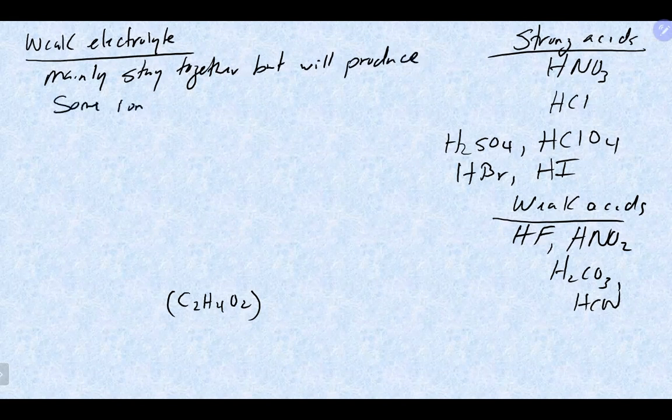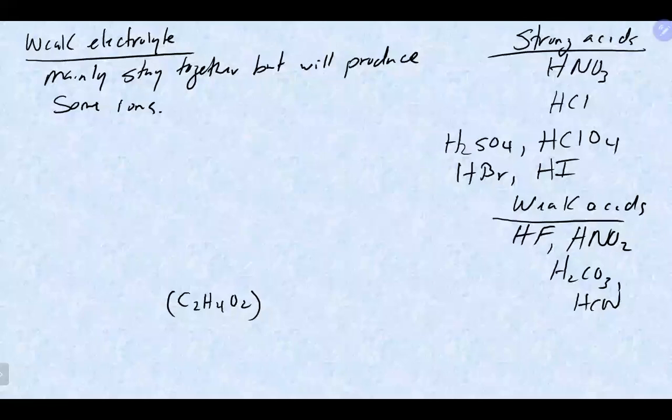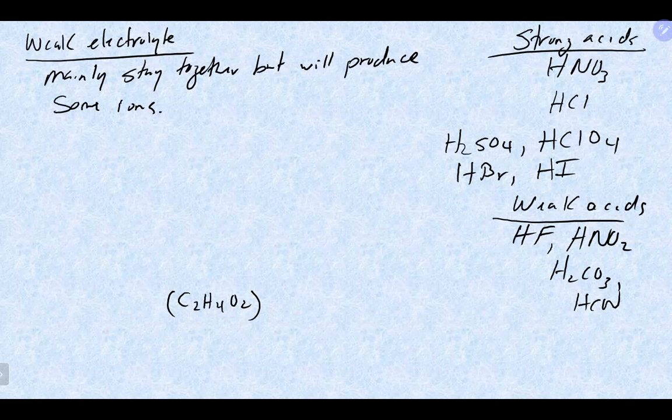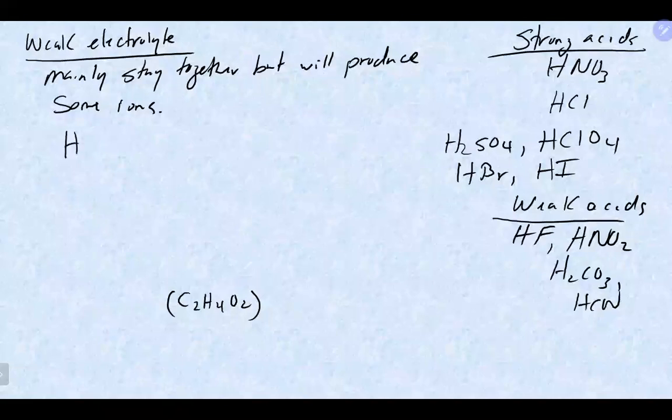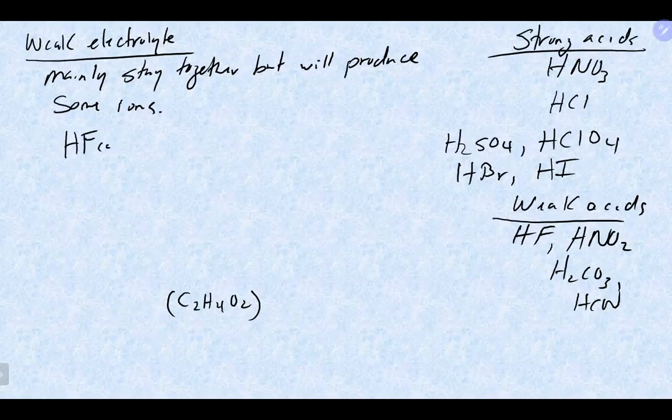some ions. So unlike a strong electrolyte, which is pretty much a one-way street, everybody's dropping out into solution as ions, in a weak electrolyte, it's actually going to mainly stay together, but it will break apart a little bit and produce a little bit of ions. So for example, the one on the bottom there, HF, which is hydrofluoric acid, is a weak electrolyte.